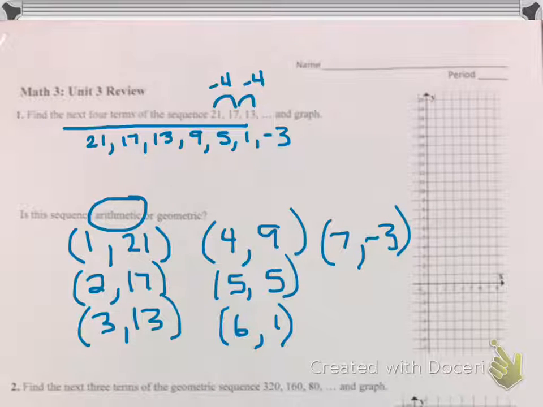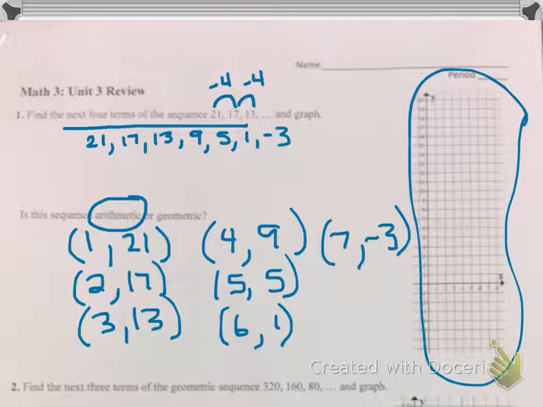And you're going to graph those ordered pairs over here on this graph right here. This graph is a little bit too small for me to do on this, so take a few minutes and graph it. And as you're graphing that, I'm going to just talk about what it looks like. Because this is an arithmetic sequence, when you graph it, your graph is going to look linear. It will look like a line.